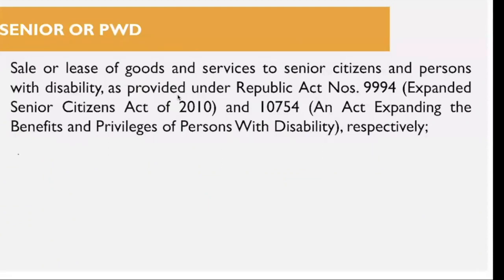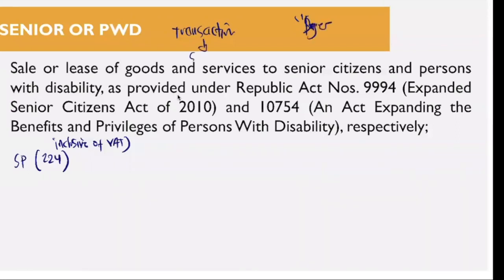So for example, we have here a selling price, let's say 224 inclusive of VAT. Okay. So take note, what we look at here is not a particular transaction. What we look at here is the buyer. A while back, we looked at the transaction of the seller. Here, we look at the transaction of a particular buyer. So if we have a buyer who is considered a senior citizen or a PWD, that sale is exempt.